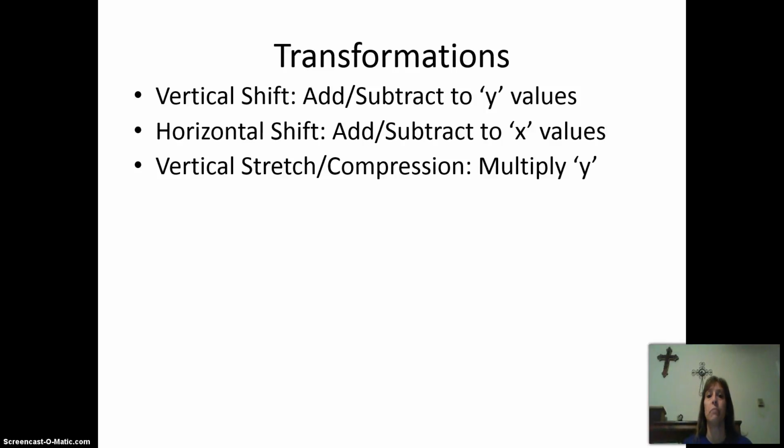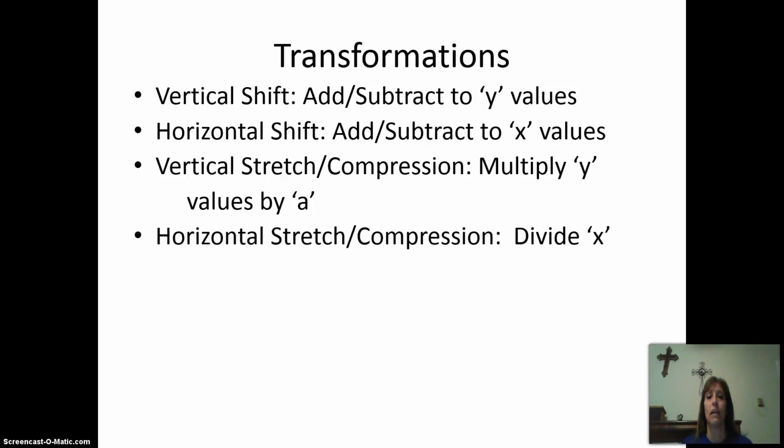Remember, if it's vertical, it's affecting y, so the number is outside the parentheses. If it's a horizontal stretch or compression, you do the opposite of what's inside the parentheses. So it would say to multiply times x, but you would really divide.